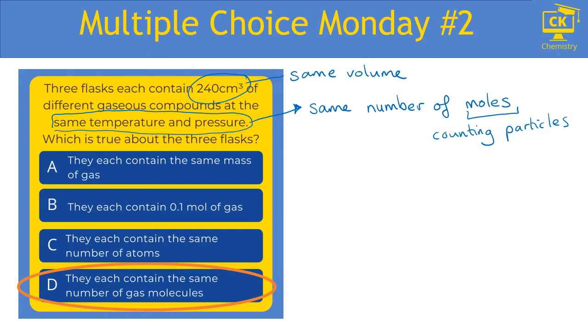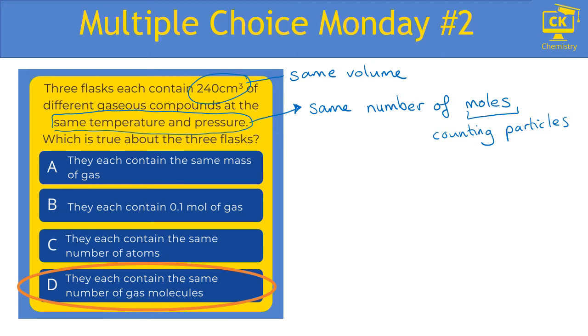But I've actually been told another piece of useful information in the question, which is that each of these gases are compounds. So the best thing to do to see why the other options are wrong is to choose three different compounds and look at how that applies to the question.